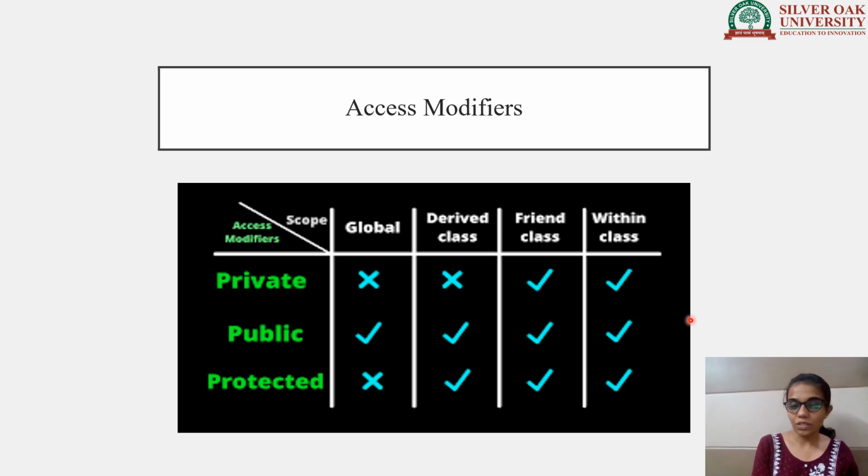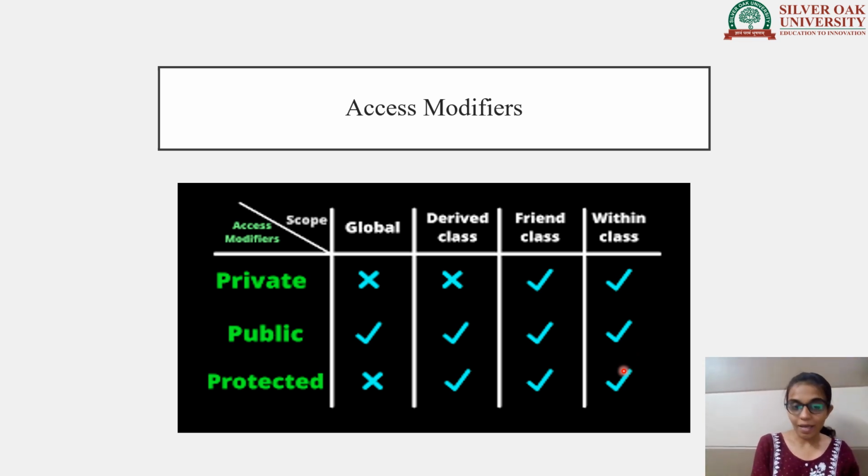Then public, as you can see, is accessed from anywhere, any class. So it's globally accessed. The derived class can access, the friend class can access, and within the class also, of course. Protected means globally it's not accessed, but the derived class, that is the child class, can access it. The friend class can access, and within the class also.